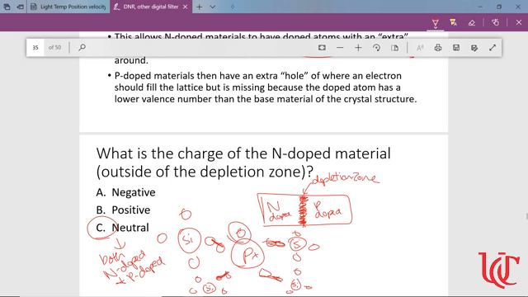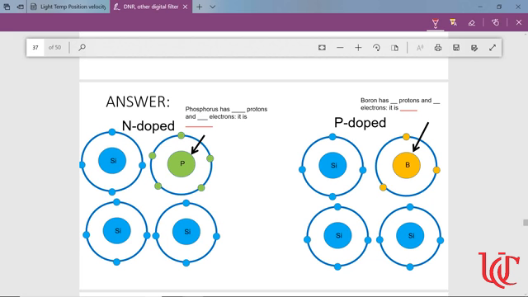The only places I get charges are in this depletion zone where these two areas are going to interact, where they're close enough to draw electrons from one side to the other. So my phosphorus here again had 5 protons. It also has 5 electrons, and it is neutrally charged compared to my silicon. My boron had 3 protons and 3 electrons, and it is also neutral.